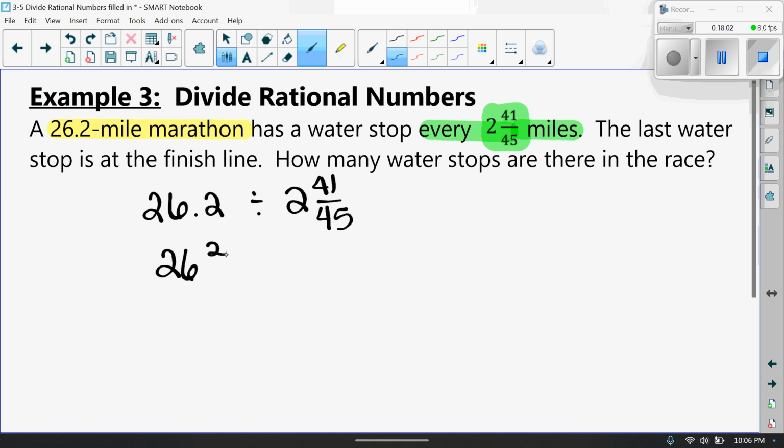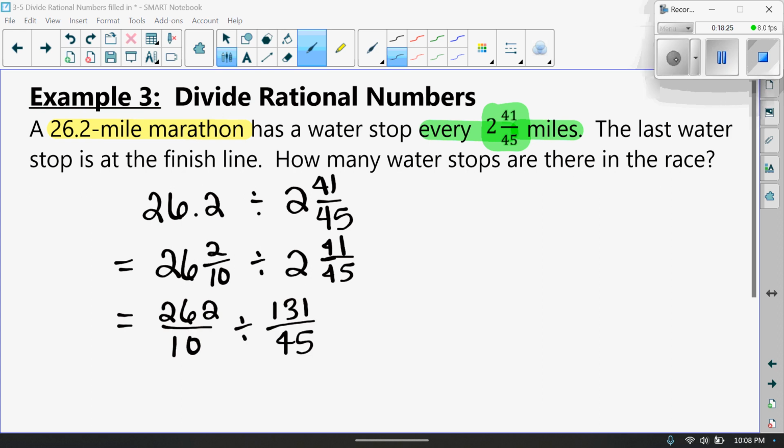So this is 26 and 2/10 divided by 2 and 41/45. So here in this case, first we want to change all of the mixed numbers, both of the mixed numbers, to improper fractions. All right, so here are my improper fractions.